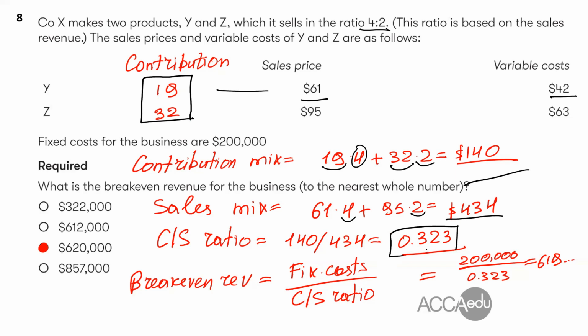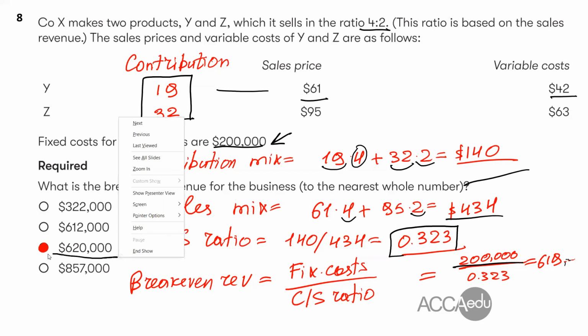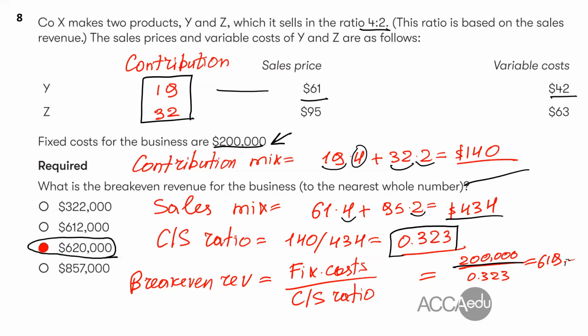So break-even revenue is found by fixed cost divided by contribution to sales ratio. Our fixed cost is going to be here $200,000. When we divide it by the contribution to sales ratio, we get 619,000 something. So the closest we have is $620,000 to the nearest whole number.